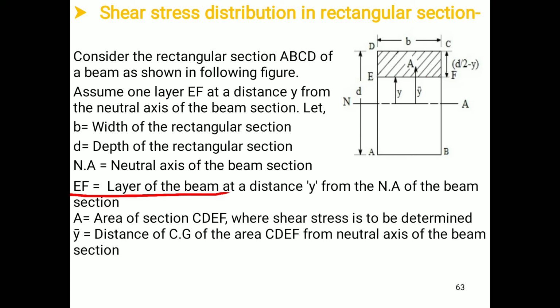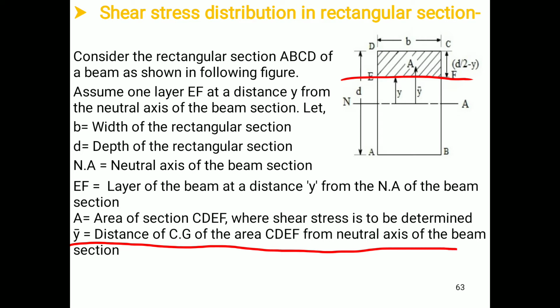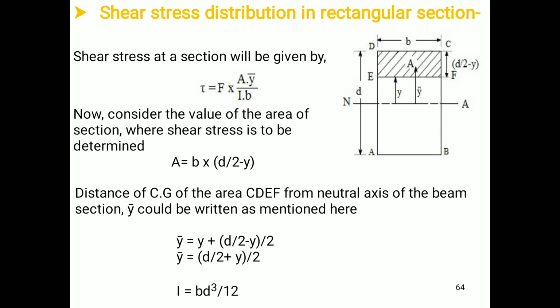Now we have concentrated on the section which is above layer EF. Therefore, y bar is the distance of the CG of the area CDEF from the neutral axis of the beam section. Now, as derived earlier, we have the shear stress formula tau is equal to F A y bar upon I B.